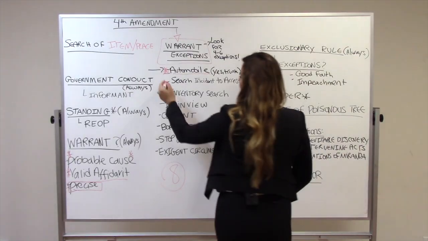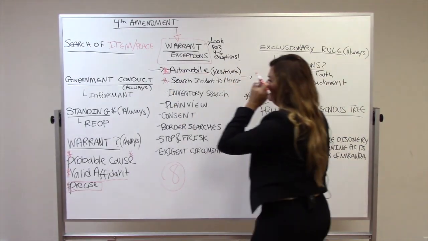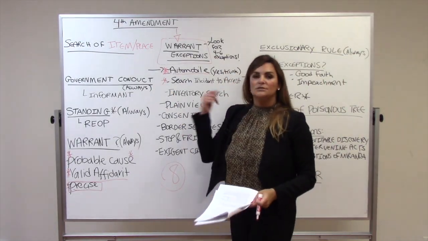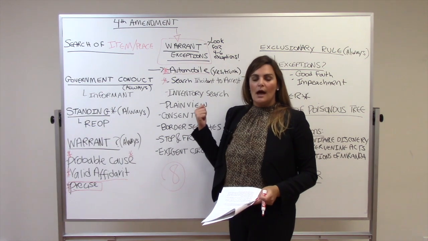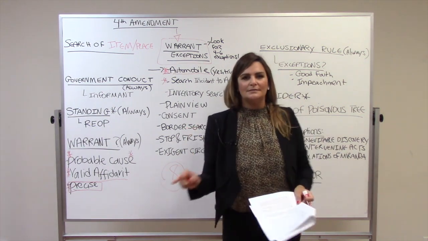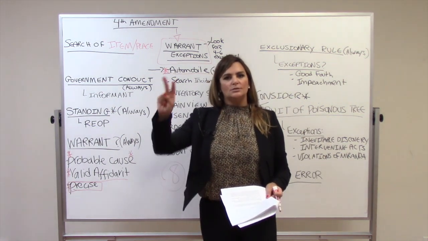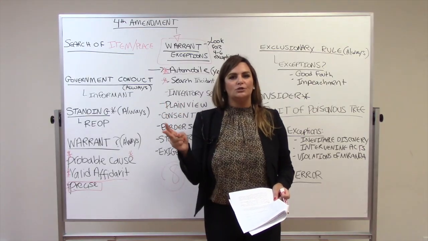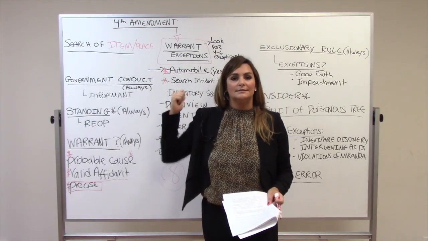The next exception, which also comes up a lot within the context of a car, is search incident to arrest. Search incident to arrest is kind of tricky because there's 2 main types of searches that could fall within this exception.